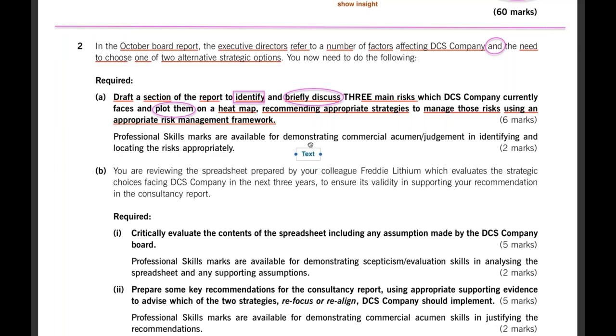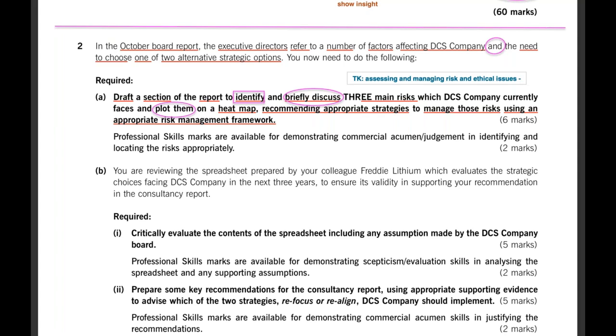This particular syllabus area, the technical knowledge, is what we are covering tonight. It is assessing and managing risk issues.